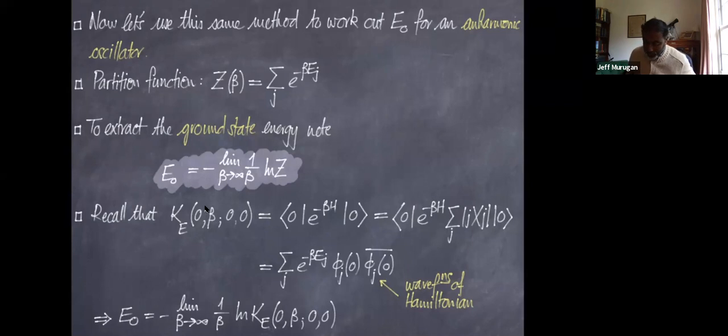And as an exercise, let's just note this. This is an important relation. So this is how we extract the ground state energy if we know what the path integral is.